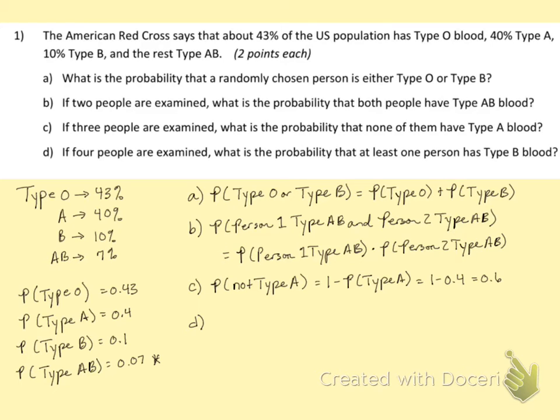So the probability that at least one of these 4 have type B blood is the complement of the probability that none are type B.